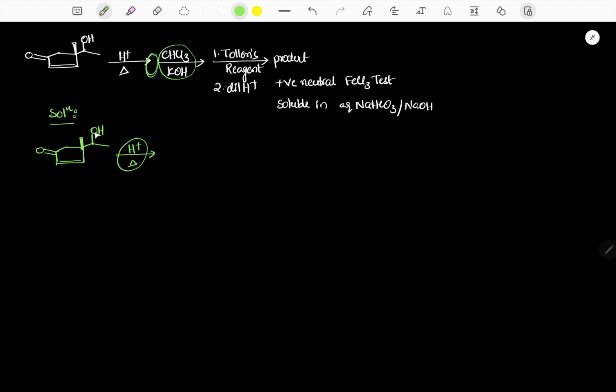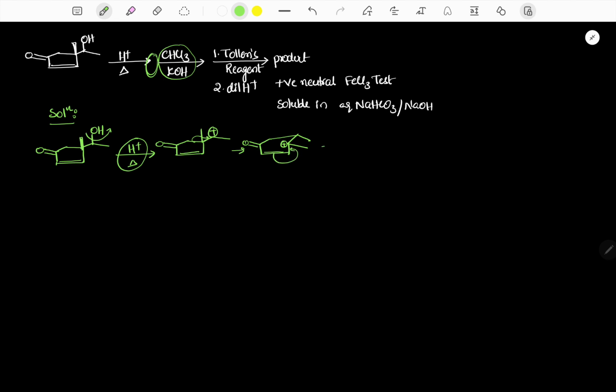So to get a phenol type of compound, we have to do dehydration in acidic medium. So the compound undergoes dehydration in acidic medium. It forms the corresponding carbocation. So ring expansion takes place, and in ring expansion we get the corresponding stable carbocation, because resonance is possible here.